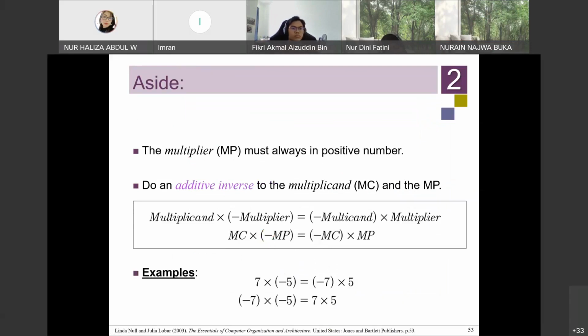For the multiplier, your MP, there are rules and regulations. The multiplier, your MP, must always be a positive number.